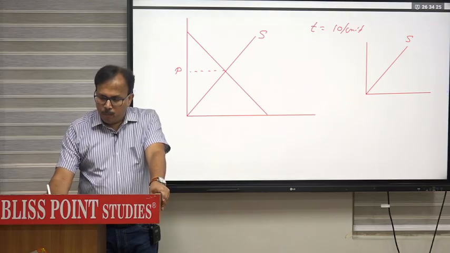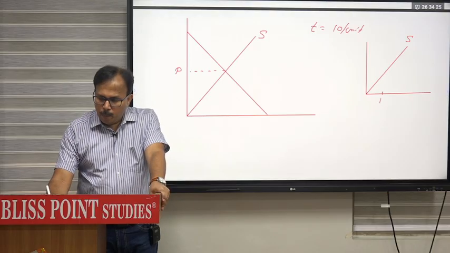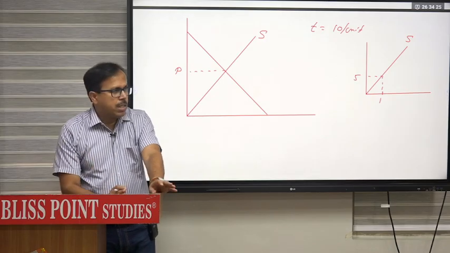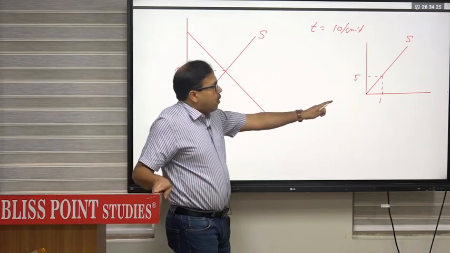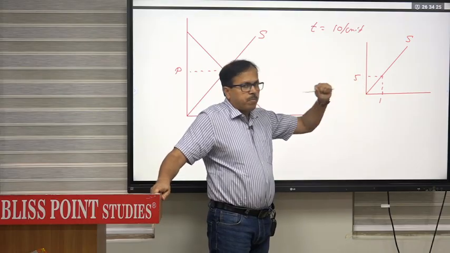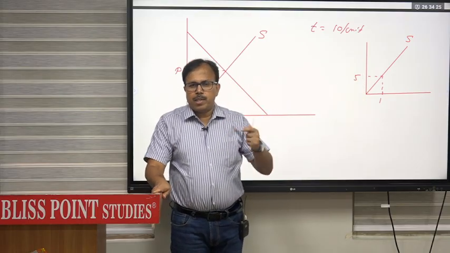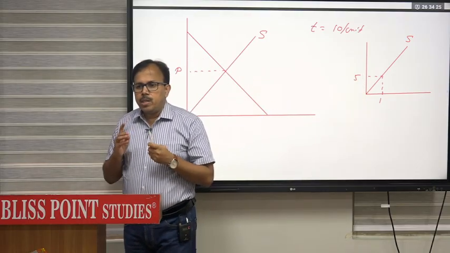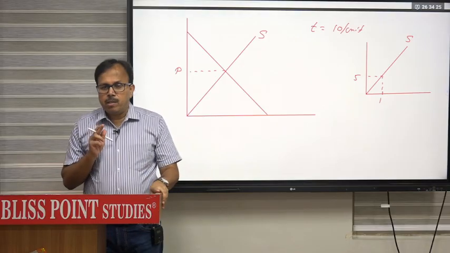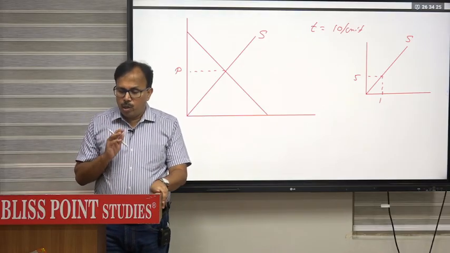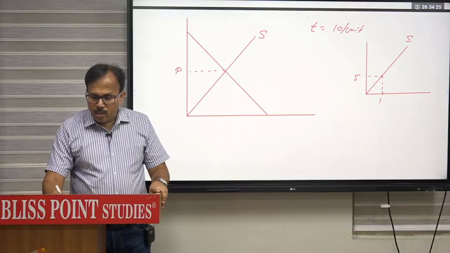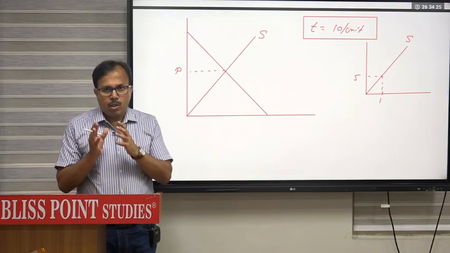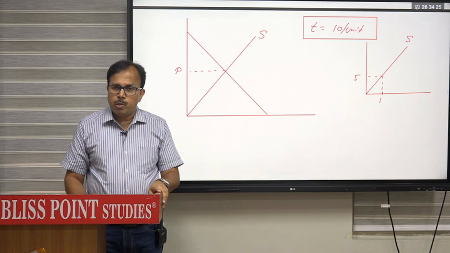So if I mark a point here and write 1, and corresponding to that 1 if I write 5, it actually means that seller is willing to sell 1 unit at a price of 5. So if seller was ready to sell 1 unit at a price of 5 without any tax, now if seller has to pay a tax of 10 per unit, that means on that unit seller has to pay a tax of 10 rupees also.